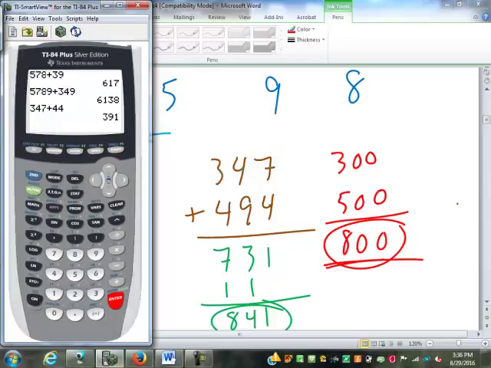Having this estimate here, knowing that it better be close to 800, keeps me from, I get 391 and it alerts me to take a look and make sure things went right. Or the other thing that might sometimes happen, 347 plus 494. What happened there?